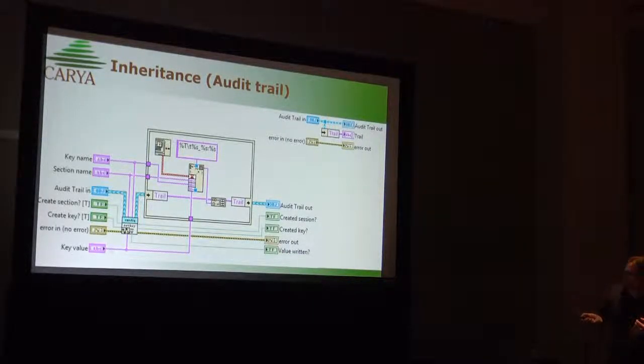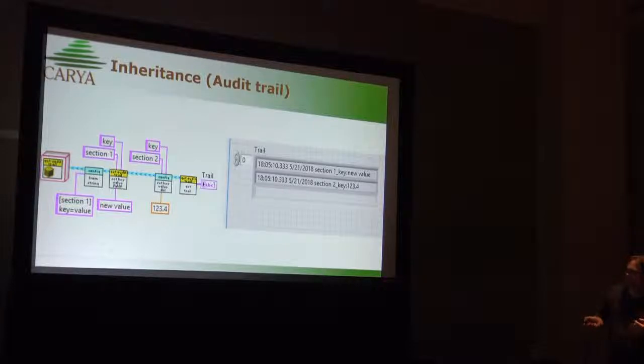Here you get the trail, and when you set the key value, you add it to the array, and then your code automatically keeps a log of all the ini files that you save. So in practice, you should also do this for delete value and maybe some two or three other functions. But then you have a full audit trail.